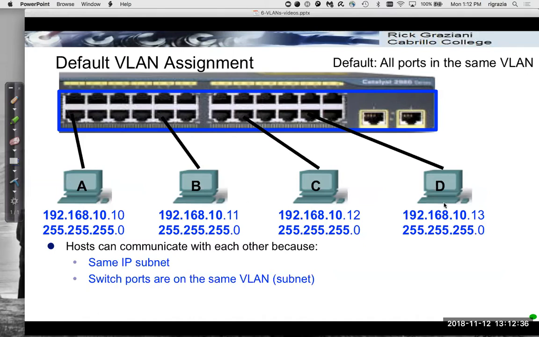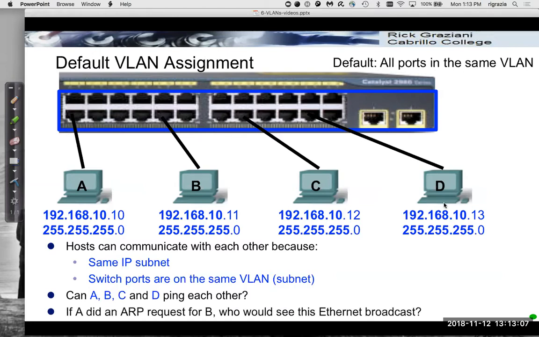So in the previous video, we talked about how devices determine what network they belong to and also what network the destination IPv4 or IPv6 address belongs to. So these devices all know what network they belong to, and if they want to ping each other, they all know that the other device is also in their network. So yes, A, B, C, and D can all ping each other.